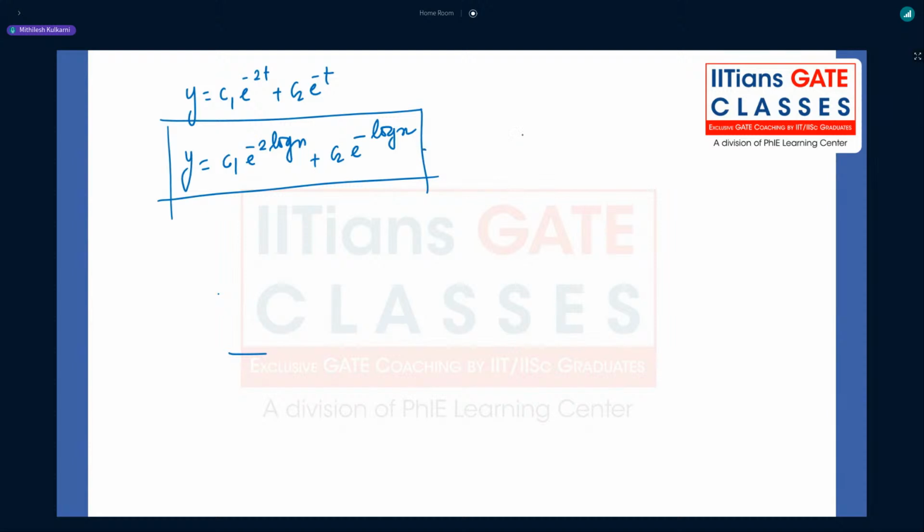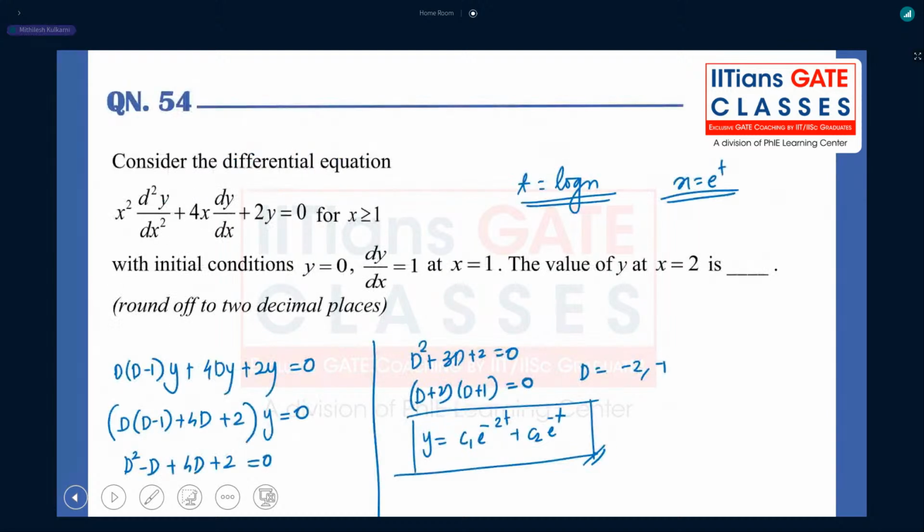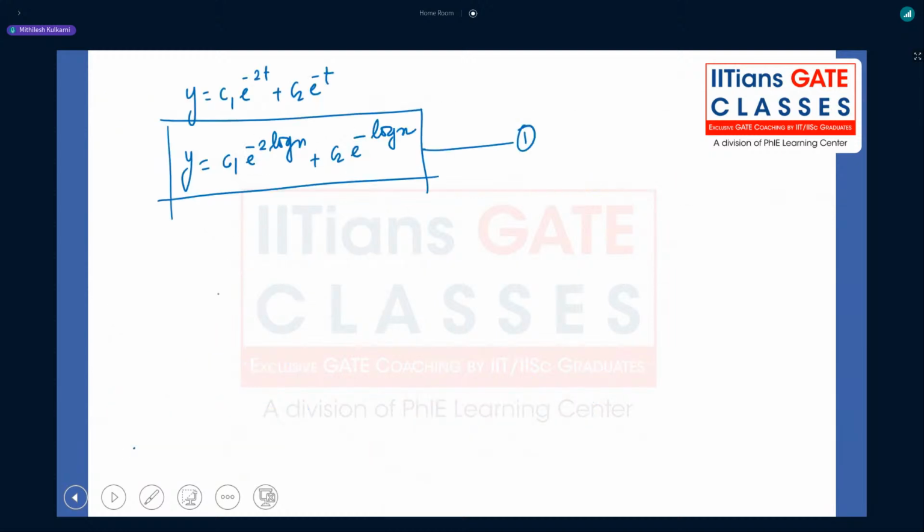And now let's put the given condition in order to get the values of c1 and c2. At x equal to 1, y is equal to 0. So 0 will be equal to c1... log 0 is infinity.